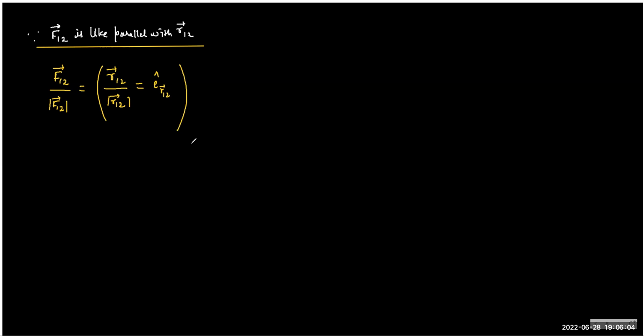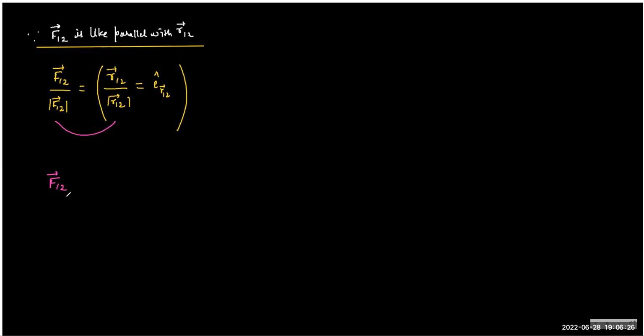So if you want to connect like this, I will choose the first two relations, these two, to get my vector expression. F12, because I cannot write both forces at the same time, I can choose one of them to write. I'm choosing force on 1 due to 2. That's good enough. You can choose force on 2 due to 1, doesn't matter.